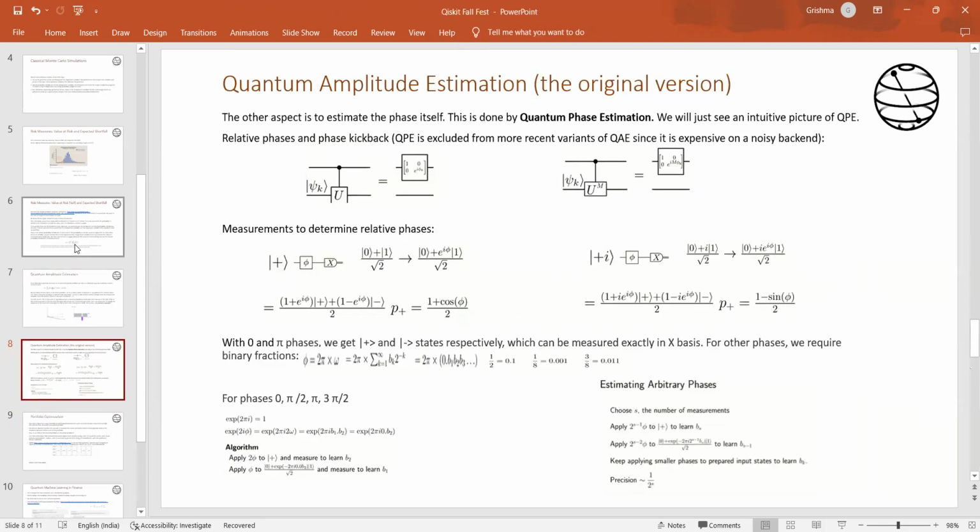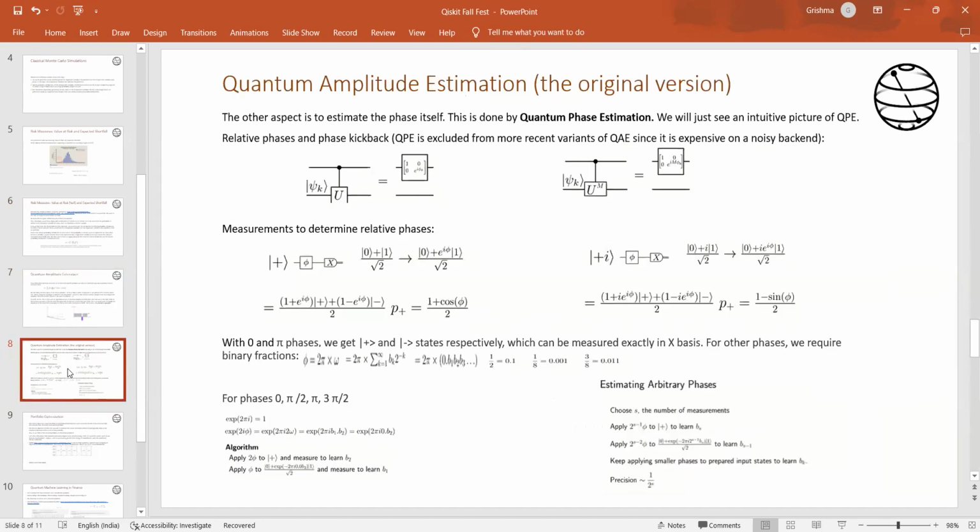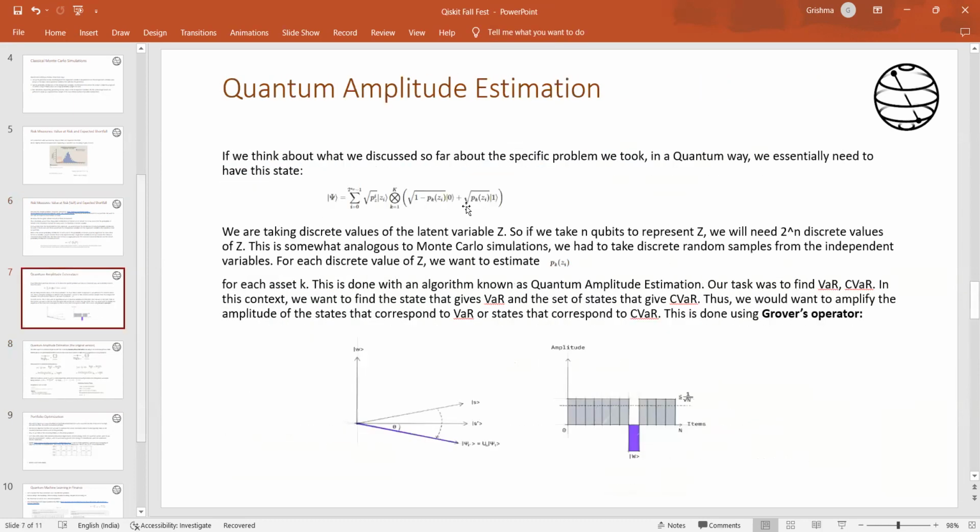Coming back, since we spoke a lot about these algorithms, essentially the problem here is that we want the right state where we get the combinations of defaults and no defaults. We want the probability of that state, and we also want to estimate the probability of default. So you see where quantum phase estimation comes in.